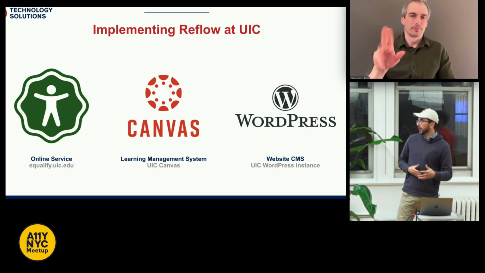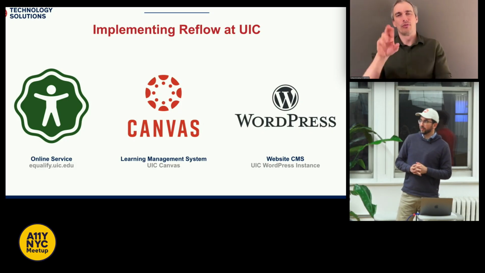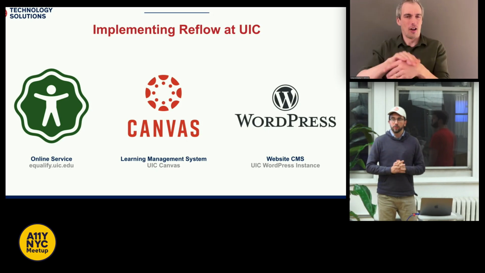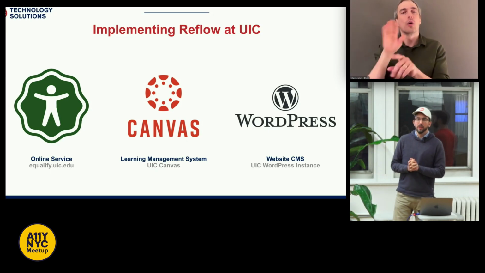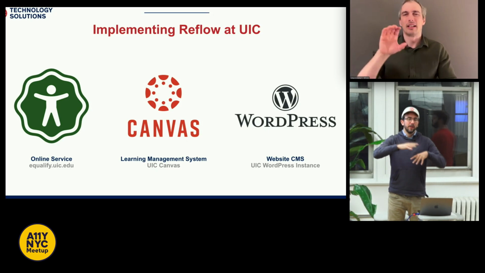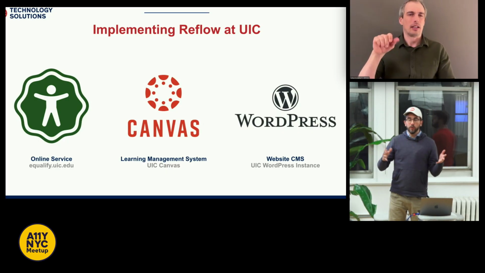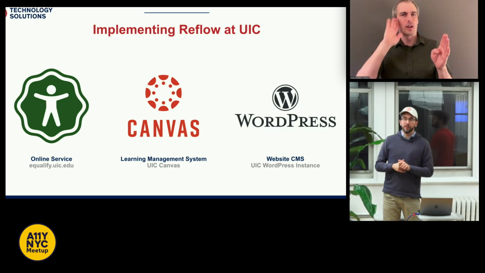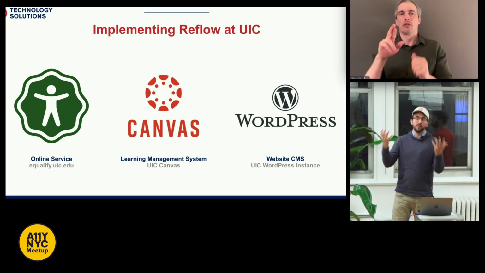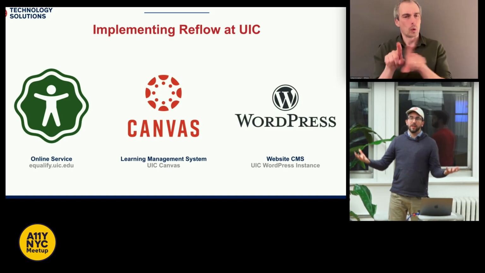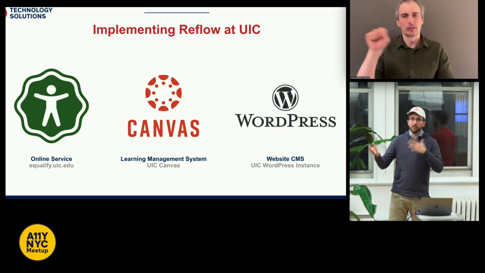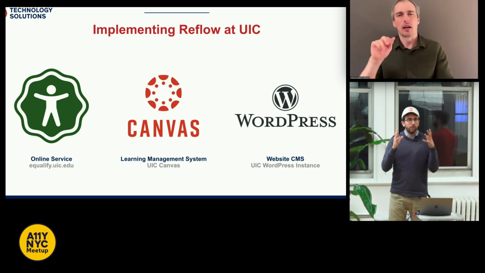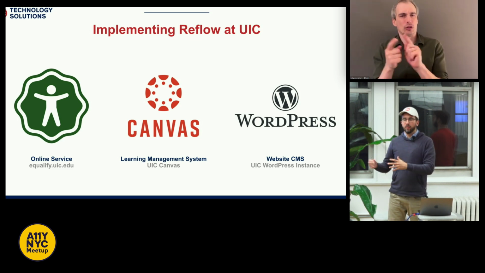We're also looking at implementing it with Canvas, which is our learning management system at UIC, so if somebody uploads a PDF, it can show as Reflow. One of the cool things you can do with Canvas, and also WordPress, which we've been building with, is convert a PDF into a Canvas page. We don't just have to convert it into Markdown. With Markdown, you can convert it into anything.